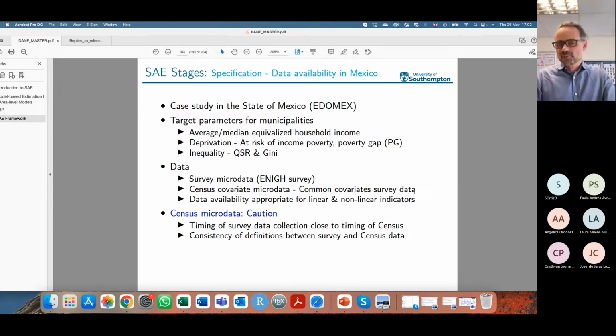Now, with the census microdata, you need to exercise some caution, because the first issue is the timing of the survey data collection and whether that is close to the timing of the census collection. We discussed that partially, because as we move away from the census data collection, there are legitimate concerns about whether the census data can still be used as a good set of explanatory variables for prediction purposes.